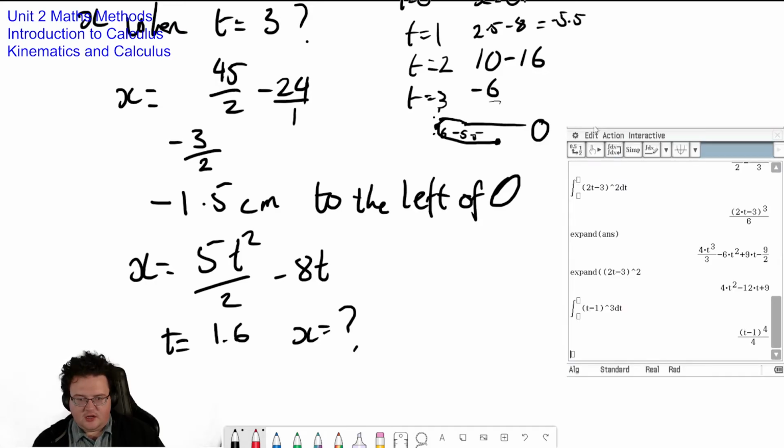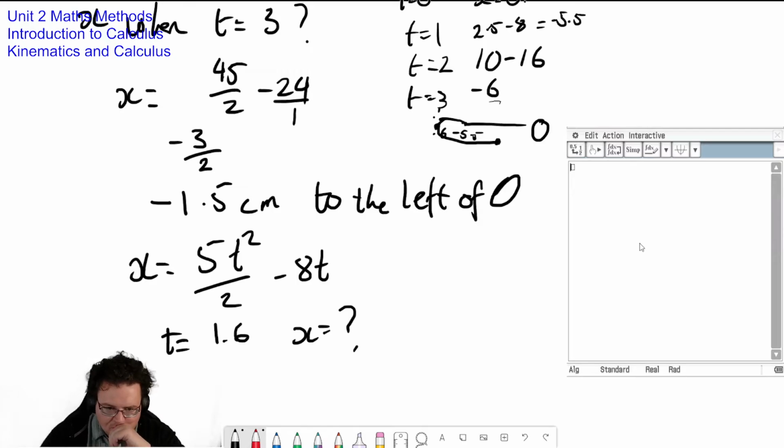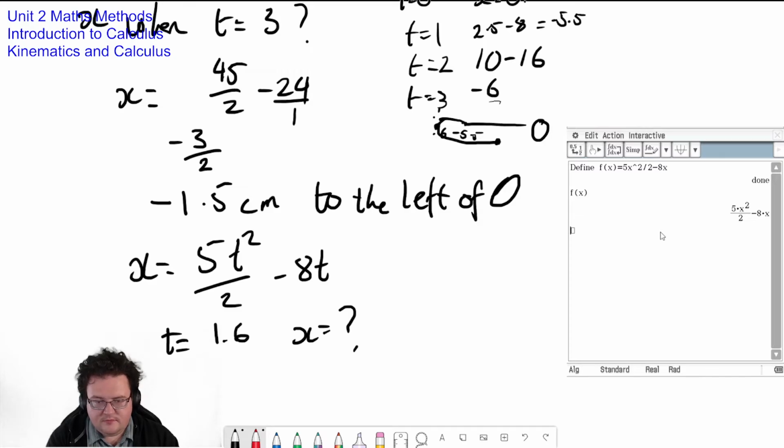There it is on the side. Clear all. I'm just going to define it. f of x equals 5x squared over 2 minus 8x. And then f of 1.6 is negative 32 over 5.